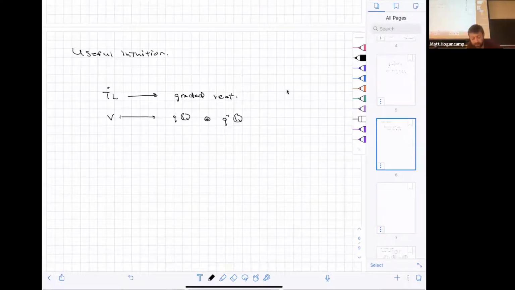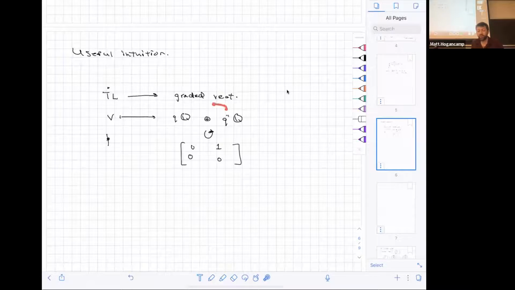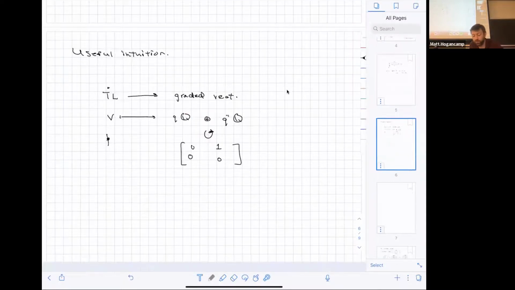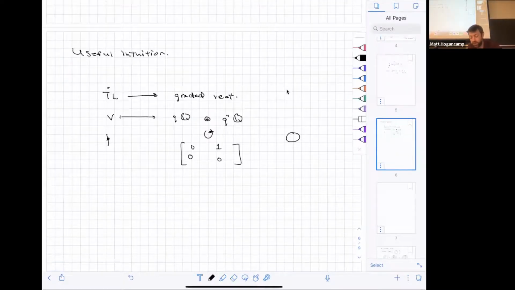And then the dot, an endomorphism of V, is just a matrix, an operator that sends this guy to that guy. This is like Khovanov homology of the unknot with its operator X.